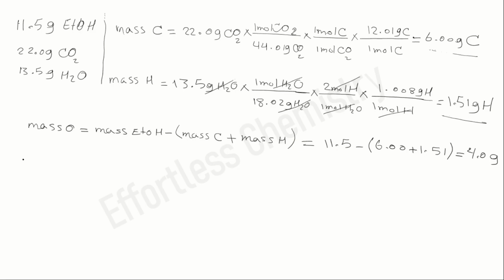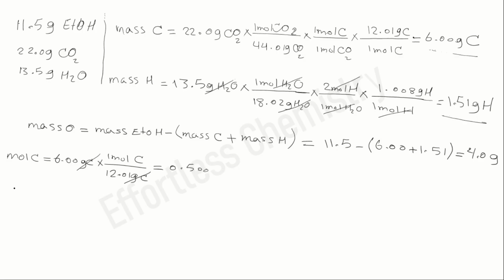Now we have the grams of the elements, and then the next step is to convert them to moles. Okay, so mole of carbon equals its gram that we got already, 6 grams of carbon, multiplied by 1 mole carbon is 12.01 gram, and the mole of carbon is 0.5.